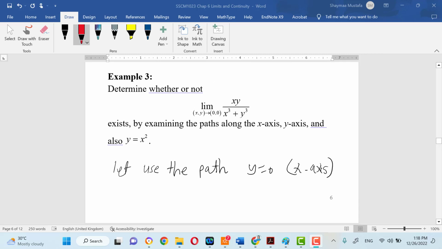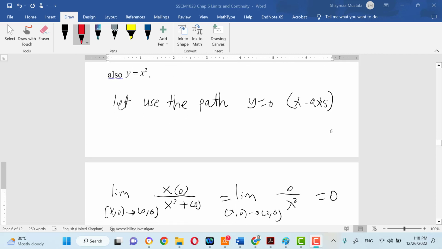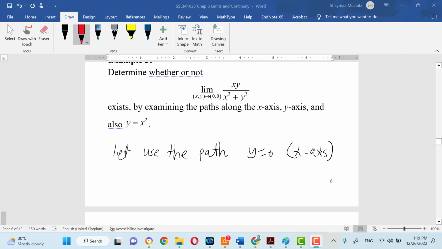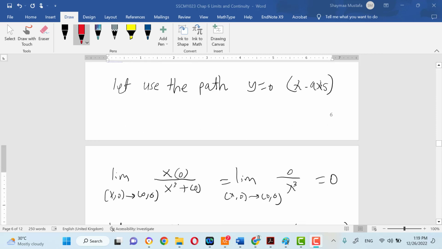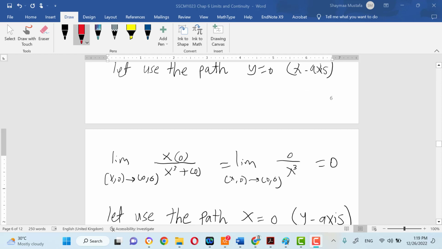Now for xy, x is multiplied by 0 because I chose the path y equal to 0, the x-axis, over x cube plus y cube. Substituting y by 0, we get x multiplied by 0, which is 0, over x cube plus 0, which is x cube. So the final is 0 over any number, which is 0.